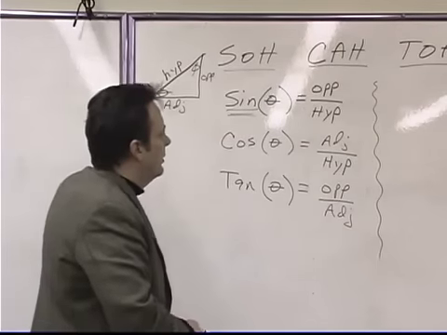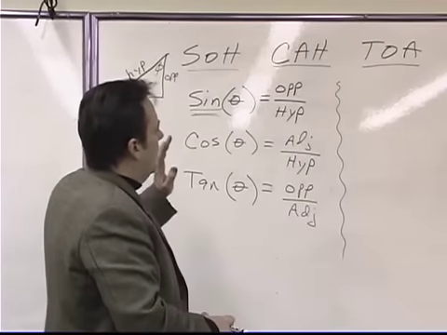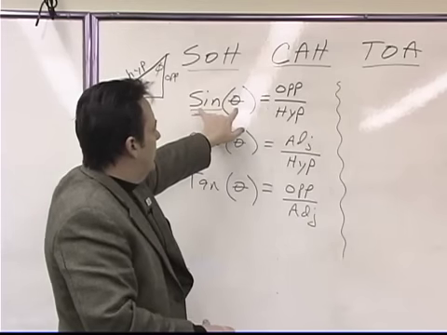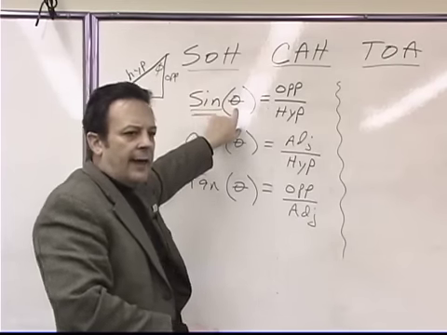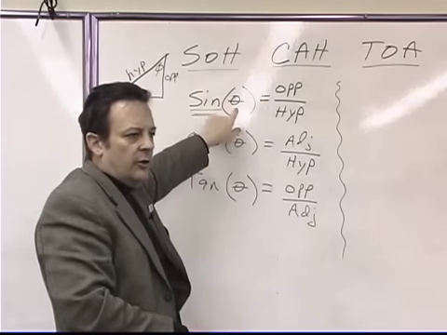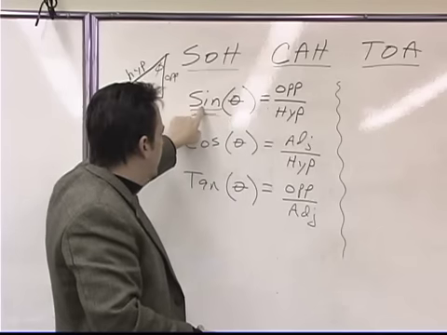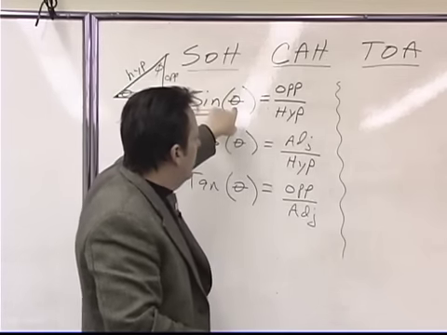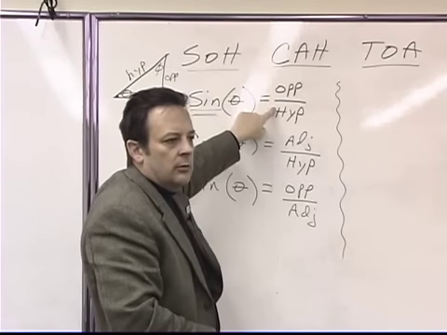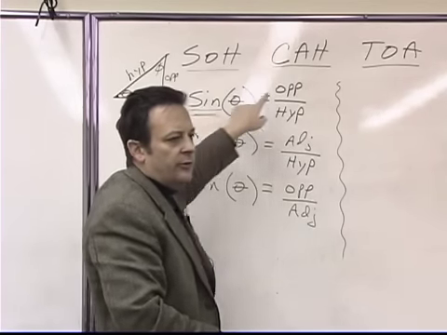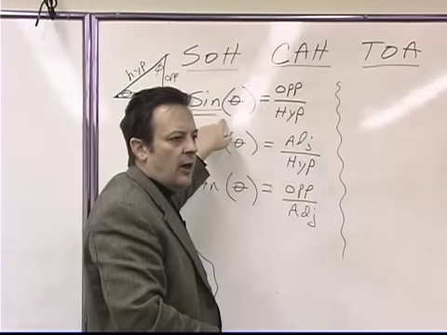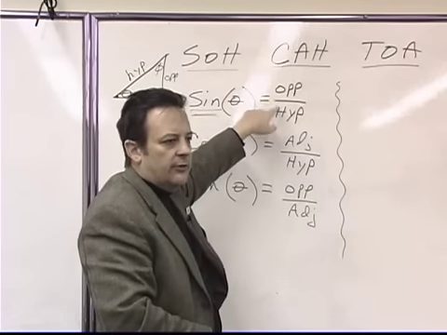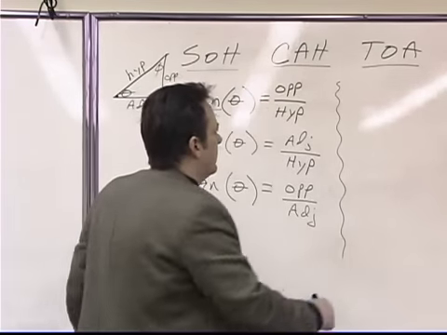Okay? So if we're trying to figure out what the actual angle is, because you notice here that this says that the sine of the angle is this ratio. It doesn't say the angle is this ratio. It says the sine of the angle is this ratio. Okay?